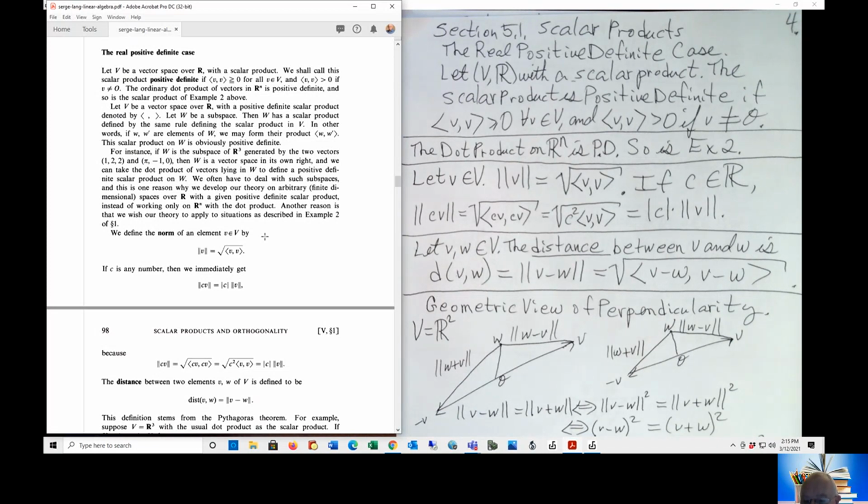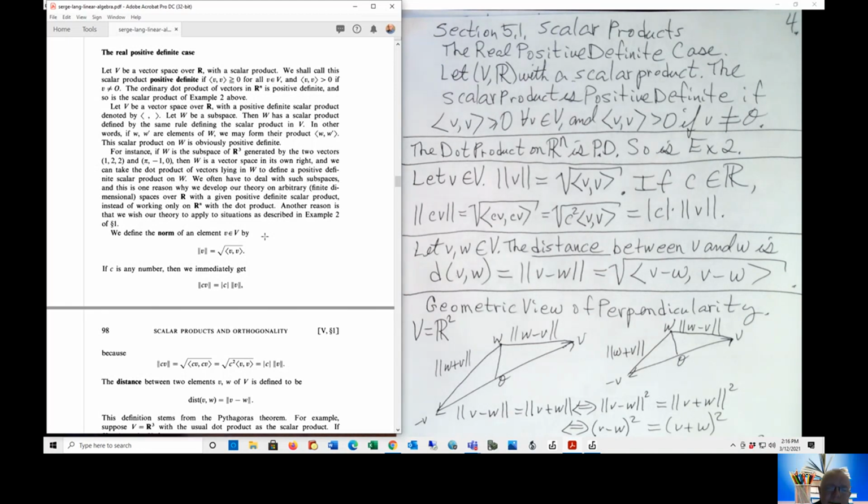And if c is a real number scalar, the norm of cv is the absolute value of c times the norm of v, which you can clearly see here because the norm of cv is the square root of the scalar product of cv with cv. Factor out both c's, you have c squared, and then v with v. Square root of c squared is the absolute value of c times the norm of v.